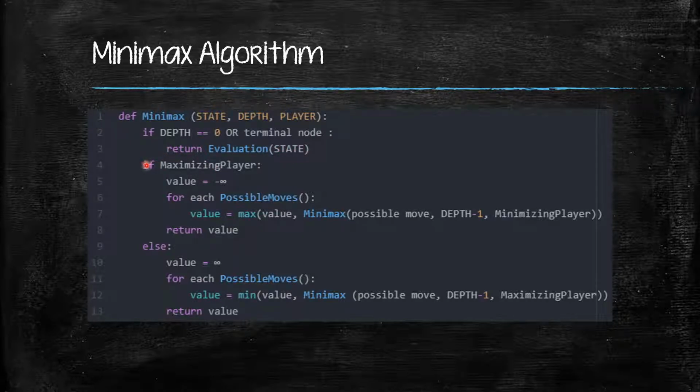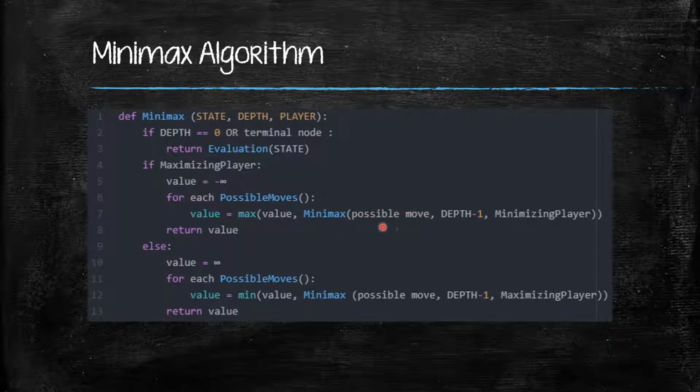If the game isn't over, or if we want to keep looking further ahead, we say that if you're the maximizing player, so if you're one of the 2 players, the maximizing player, set a variable called value to -infinity, and then for each possible move, so for all the possible moves that are available, we're going to assign value to be the maximum of either the current value, which starts at -infinity, or, and this is where we recurse, we call min-max again.